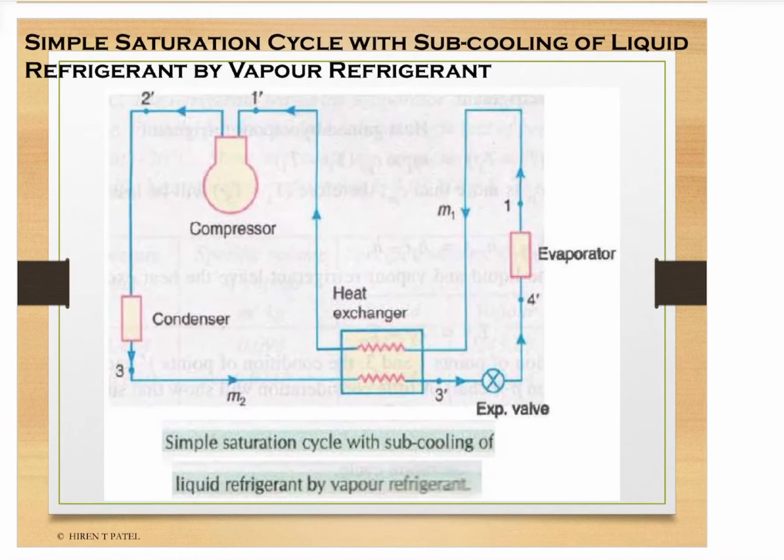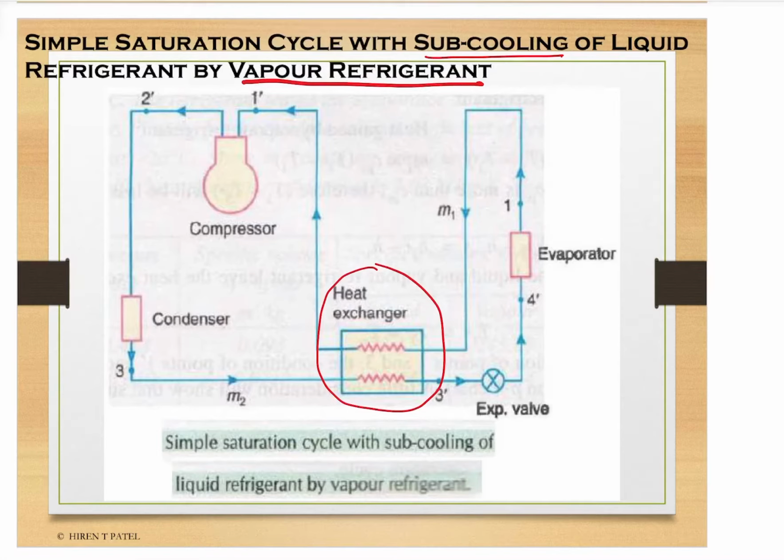So another modification, that is subcooling of the liquid refrigerant by vapor refrigerant. So here a heat exchanger is provided between the lines. One portion is between the condenser and expansion valve, and another portion is between the evaporator and compressor.